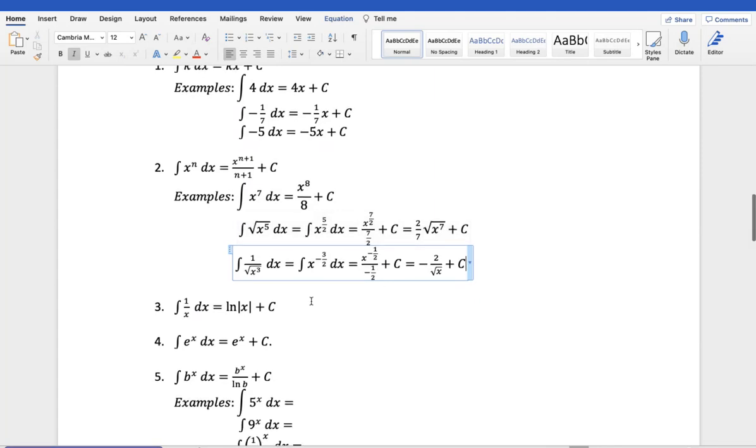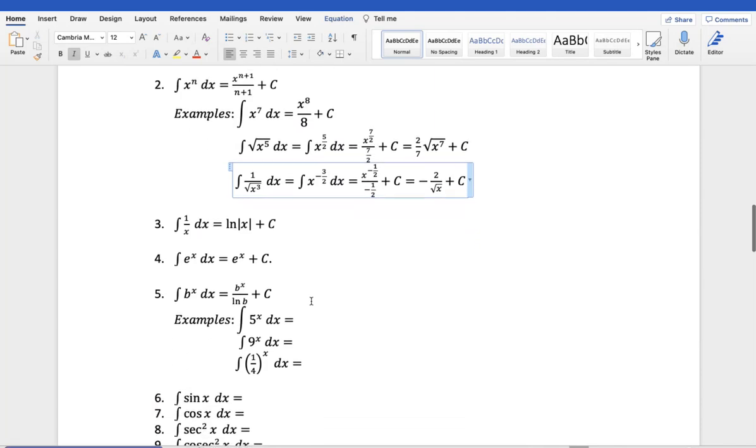integrals. So now, if we look at the next few types of standard integrals, we have the integral of 1 over x, which we know is just equal to ln of x, or in this case, the absolute value of x plus c.